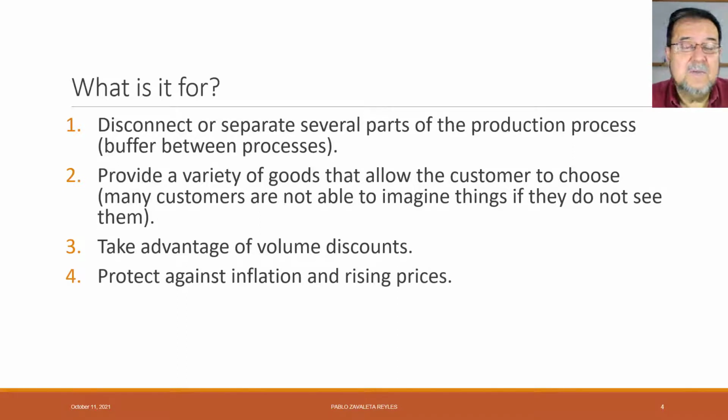Another reason is to protect ourselves against inflation and rising prices. This might not be a concern in certain advanced economies where inflation and prices are usually under control. They don't change so much. But in developing countries where the economic situation is different, this is most certainly a concern.